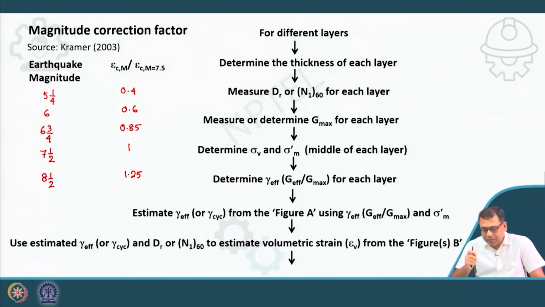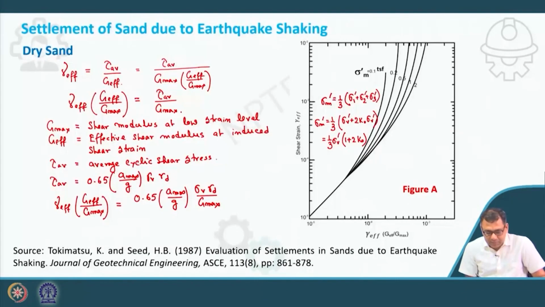Then determine the sigma V or sigma m dash at the middle of each layer or sub layer. Then determine the expression, strain effective into G effective divided by G max, by using the expression 0.65 a max by g, sigma V, rd divided by G max.